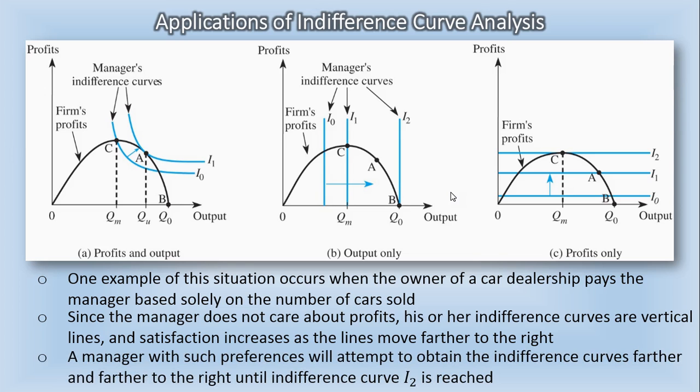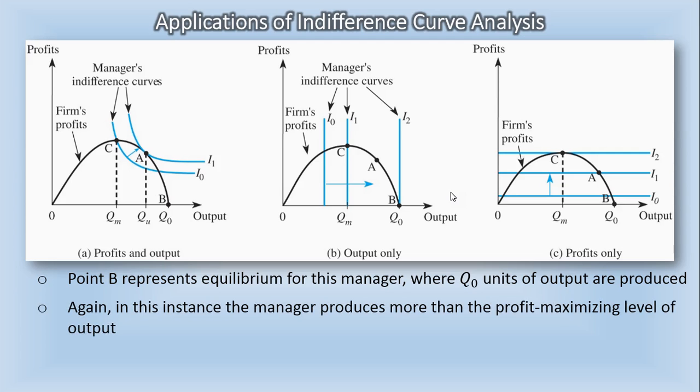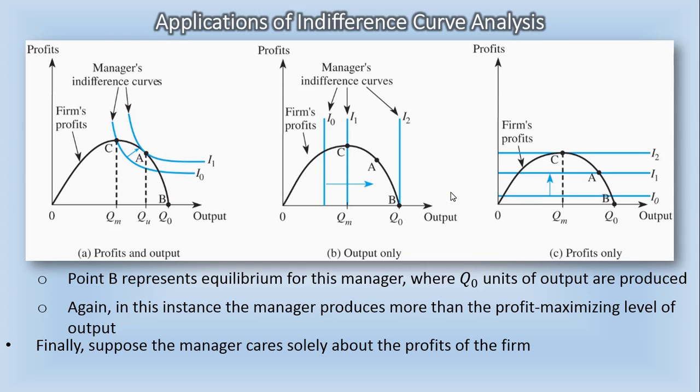A manager with such preferences will attempt to obtain the indifference curve farther and farther to the right until indifference curve I2 is reached, where the manager is as far away as possible from the profit maximizing level of output. Again, in this instance, the manager produces more than the profit maximizing level of output, and certainly more than if she viewed both profits and output as goods.